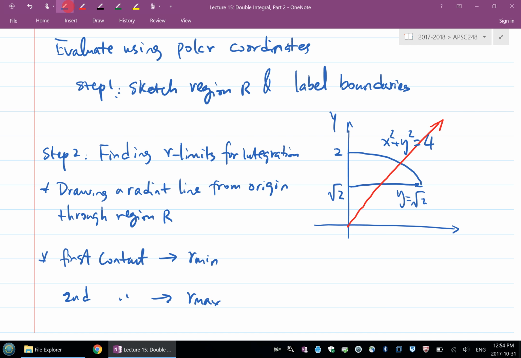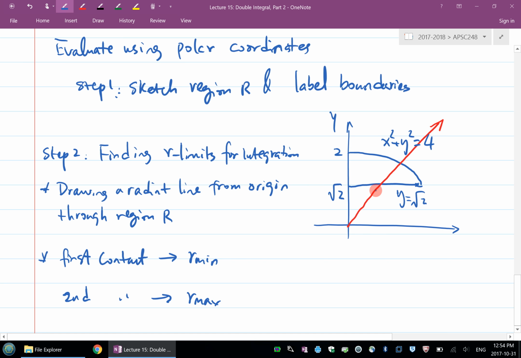So let's take a look at what we mean by r min and r max. The first contact is here. For this particular location, what is the value of r?